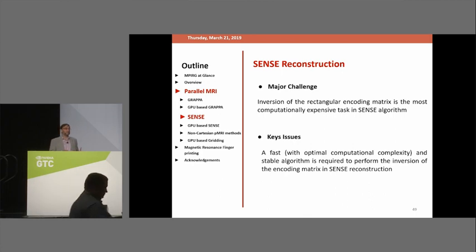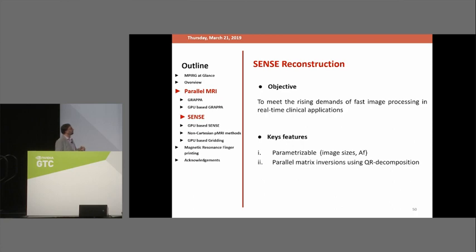So we wanted to develop a fast method. And a stable algorithm is required, which could perform the reconstruction process very quickly. And again, the method should be parameterizable. It should use parallel matrix inversions, and there are different methods available. We chose the QR decomposition method.